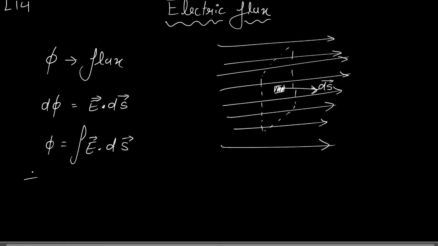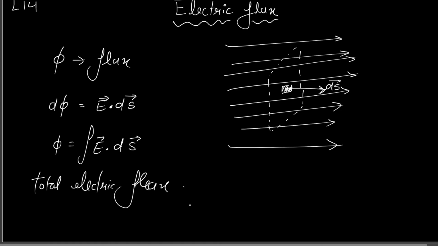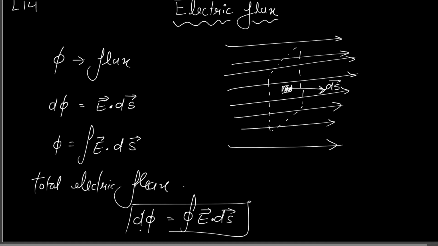We simply write this as the total electric flux. And to represent it for a closed surface, we mostly use a circle on the integration sign, and this is the flux through a closed surface area, given by this equation.